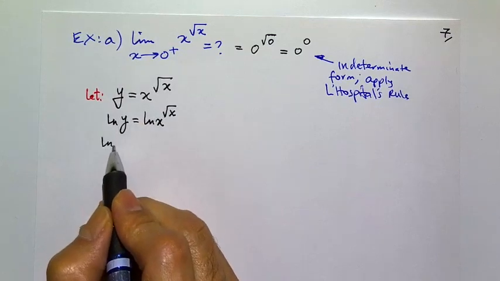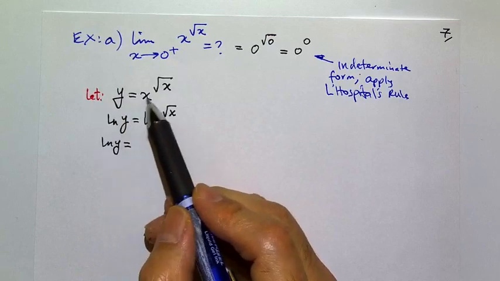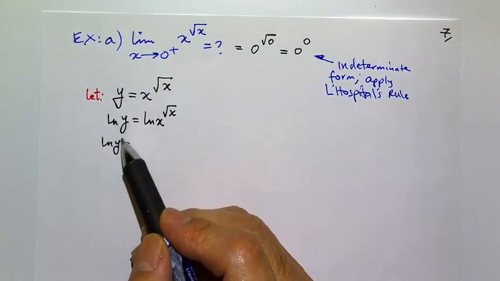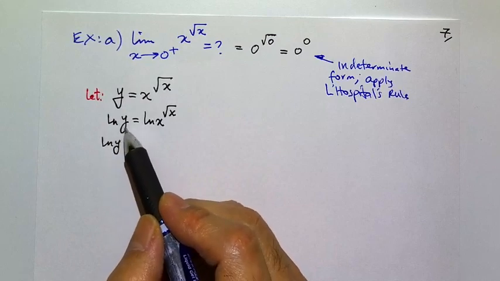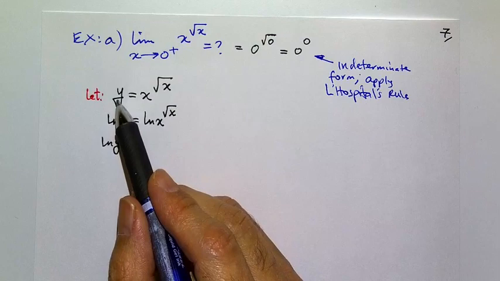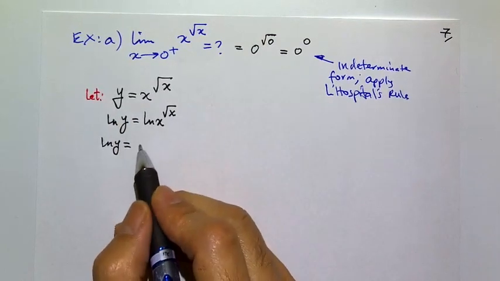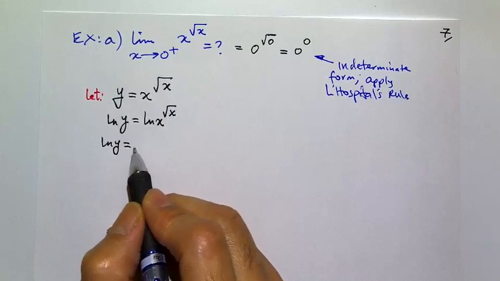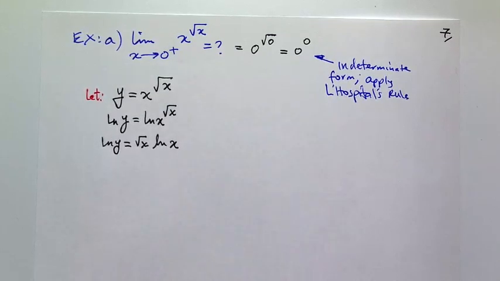Do you see how we set y equal to that, and then we're taking the natural log of both sides? At the end, the limit is going to be for natural log of y, not for y. So we're going to have to convert it as I mentioned earlier. You'll see how that works. So we have square root of x times natural log of x, right?